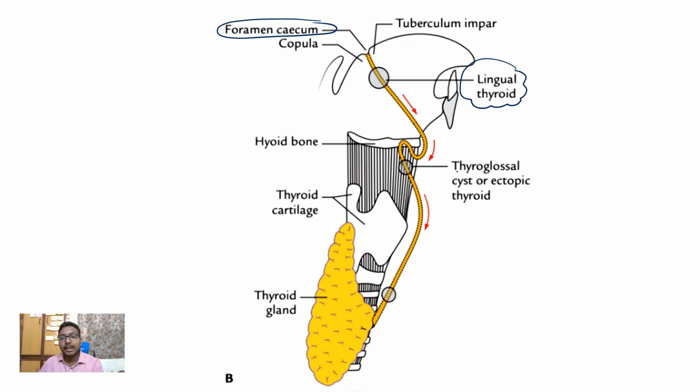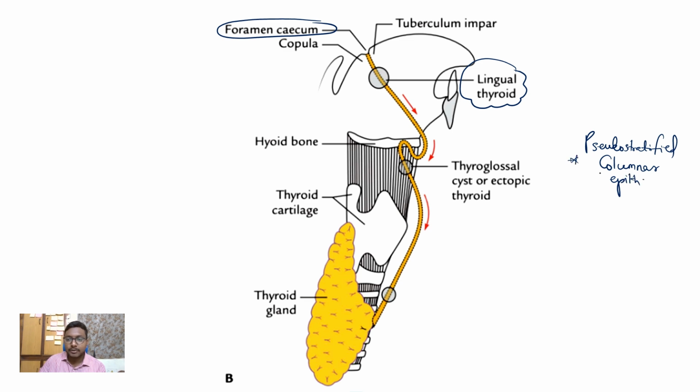Normally thyroglossal duct should get obliterated. If at all there is any patency, this particular thyroglossal tract is lined by pseudostratified columnar epithelium with goblet cells.